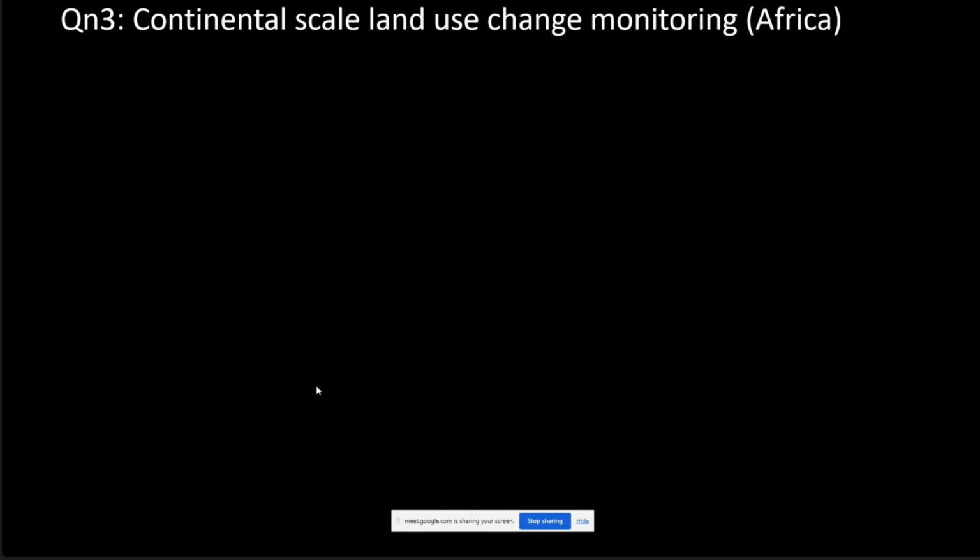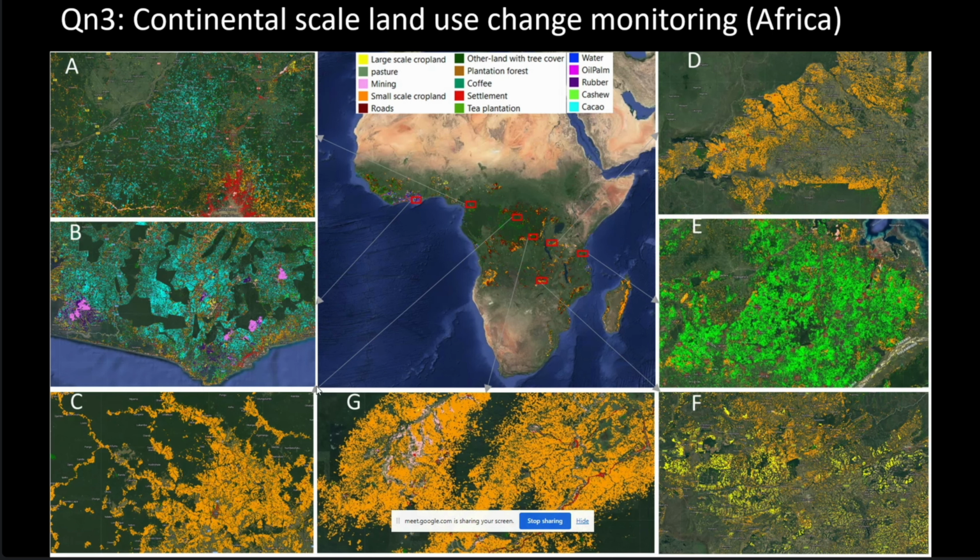And we went ahead and did the mapping for the entire continent, of course, using Planet data. And here, as you can see, you have the location of, for example, cocoa in West Africa, commodity crops, but you can also see mining along the rivers.